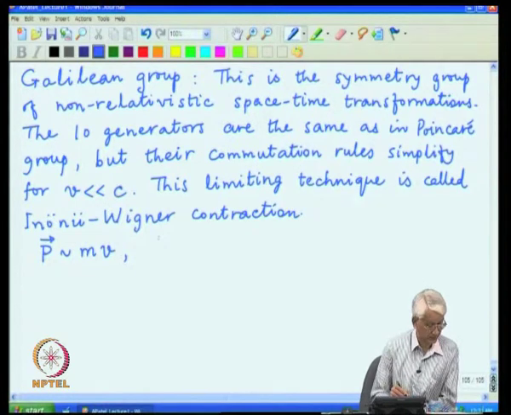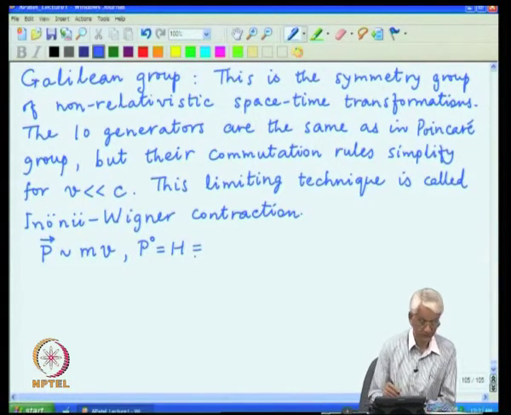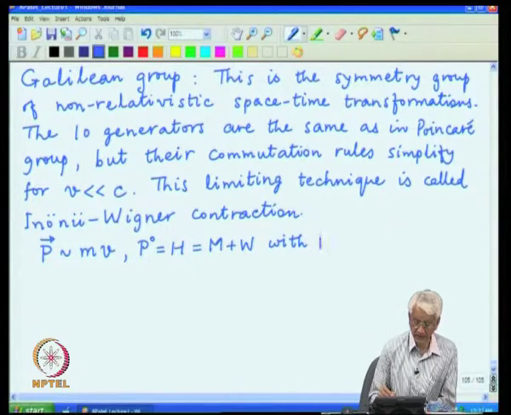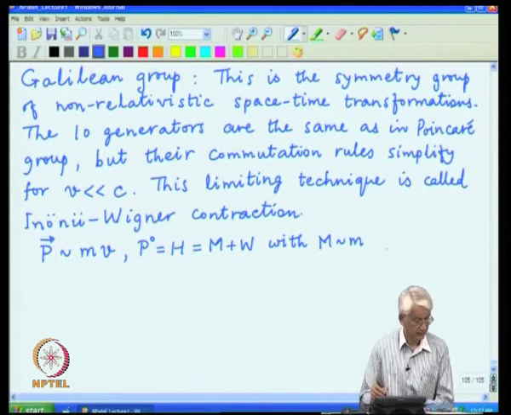The 0th component, which is also the Hamiltonian, has 2 terms, m and w, where m is the rest mass and w is the remaining part of the energy, which will be of the order of m v square.